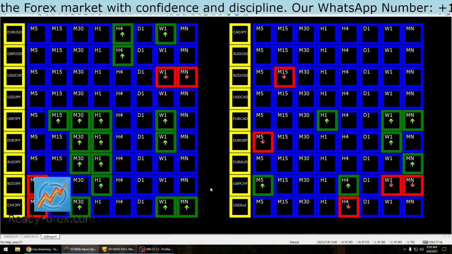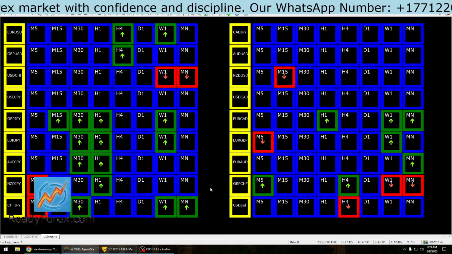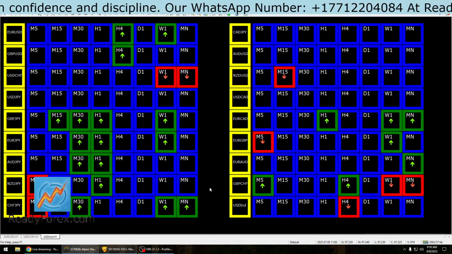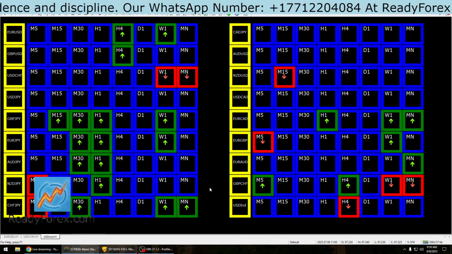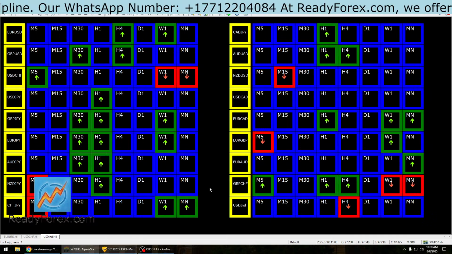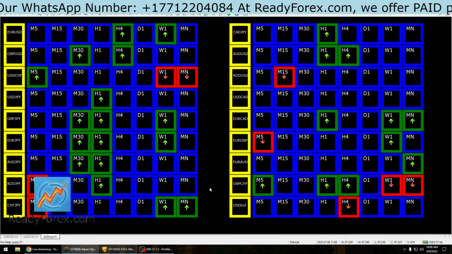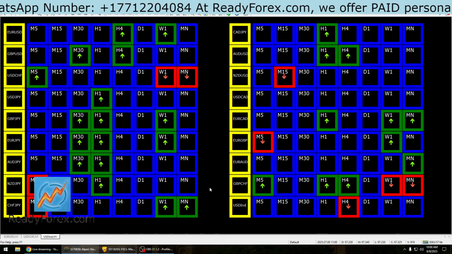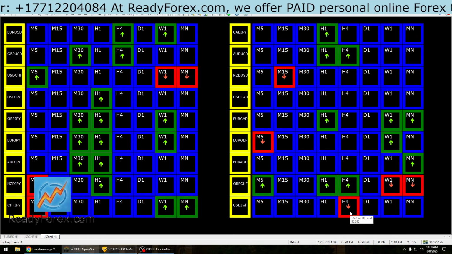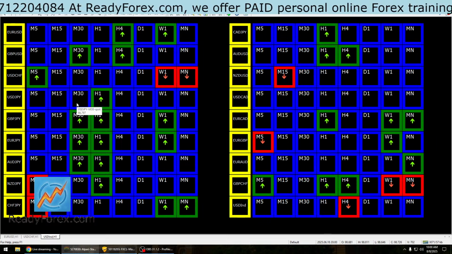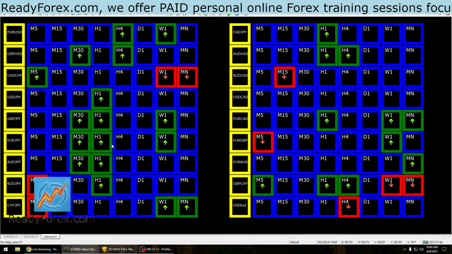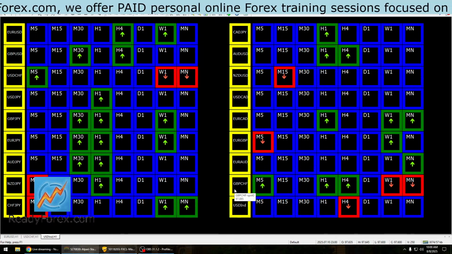So the euro and the pound, they are looking bullish. Even the EURUSD is bullish, EURJPY is bullish, and the US dollar index looks weak. Okay, as far as the GBPUSD is bullish, GBPJPY is bullish, GBP Swiss franc is bullish.